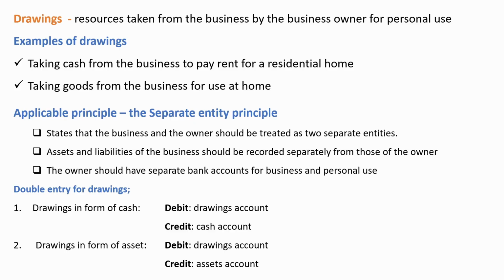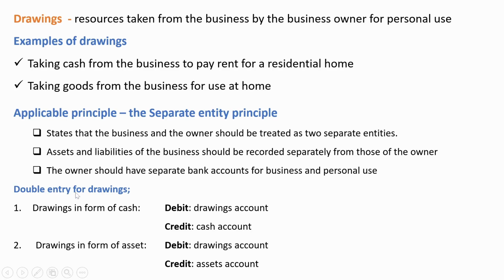So the assets of the business are not the assets of the owner. The liabilities of the business are not the liabilities of the owner. So for a sole trader, we normally say that the owner and the business are one, but when it comes to the accounting part of it, the two should be separated. For example, the owner should have separate bank accounts for business and personal use.